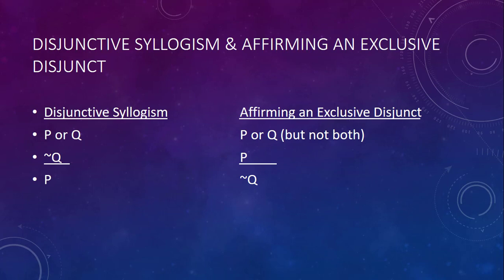Either I'm going to Paris or I'm going to Qatar, but not both. Second premise, I'm going to Paris. Conclusion, therefore I'm not going to Qatar. So as we can see here, both of these kinds of moves, the disjunctive syllogism and affirming an exclusive disjunct, are both valid forms of argumentation.